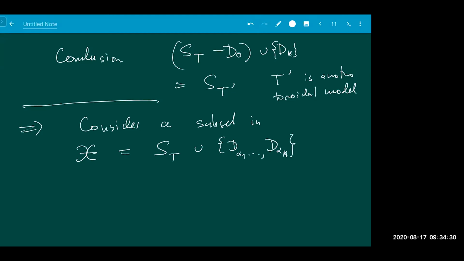The number of elements is not related to dimensions, it could be anything. The ST is isomorphic to the divisor of a toroidal model.